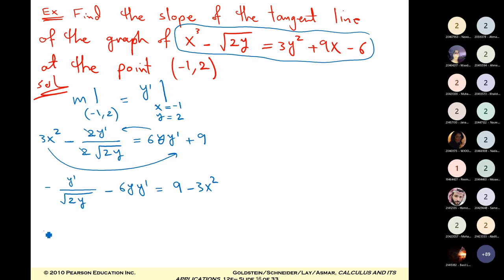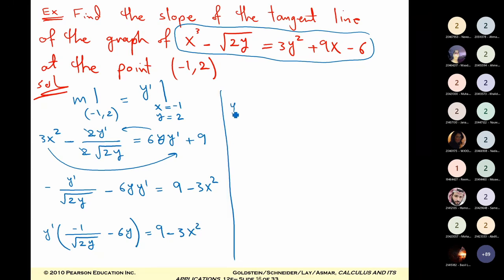Take y prime as a common factor, so we have -1 over radical 2y minus 6y equal 9 minus 3x squared. So y prime equal 9 minus 3x squared over -1 over radical 2y minus 6y.